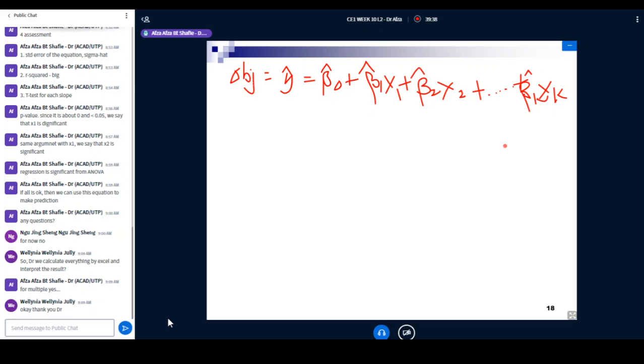So this is what you want to do, to find this equation first. So how do we do this?